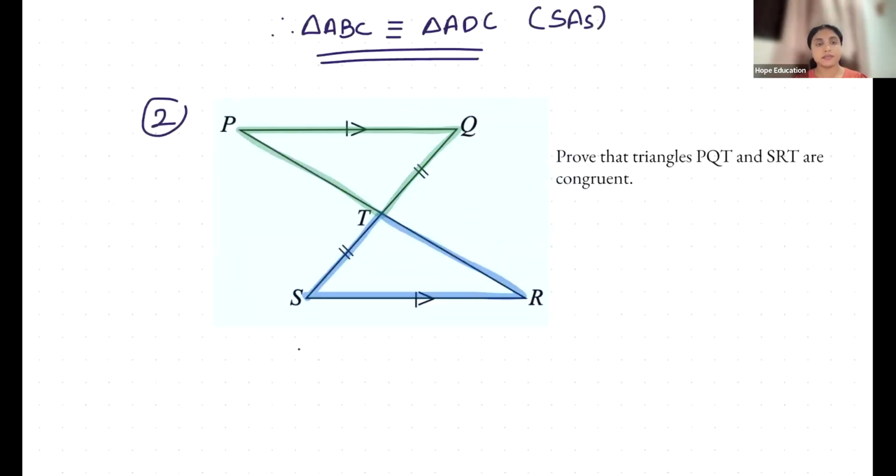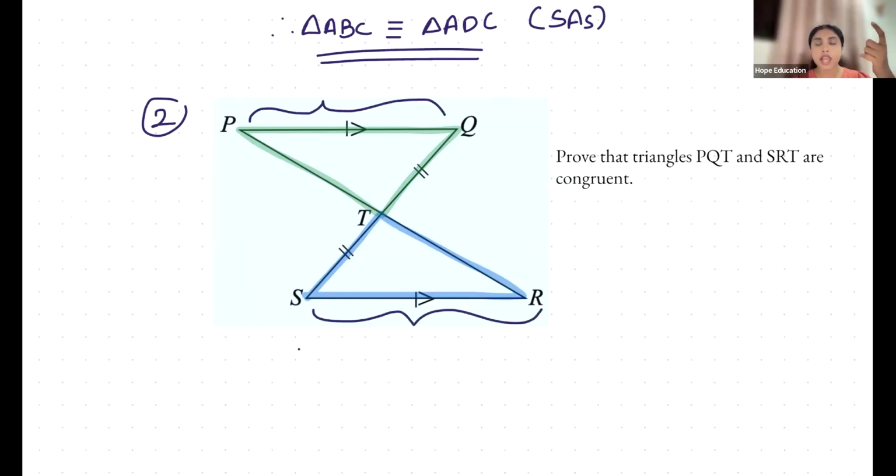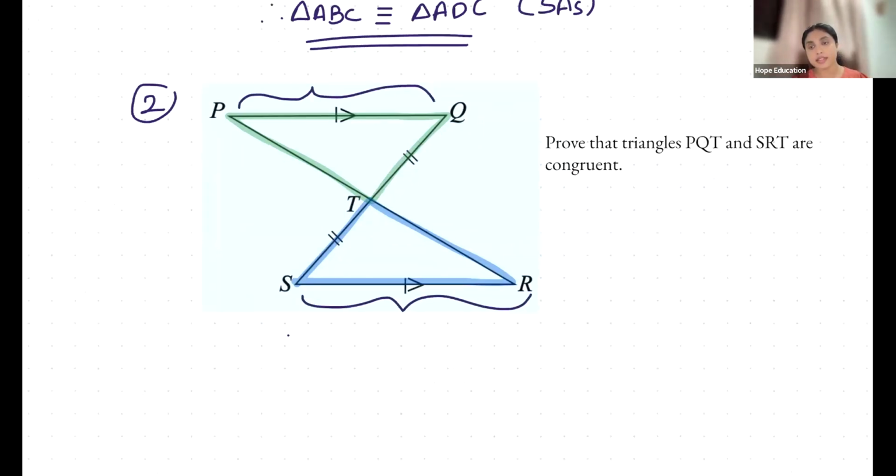So here, for one thing, can you see that the PQ side is equal to the SR side? So when we are using SAS, we have one side, because PQ side in the green triangle is equal to the SR side in the blue triangle.